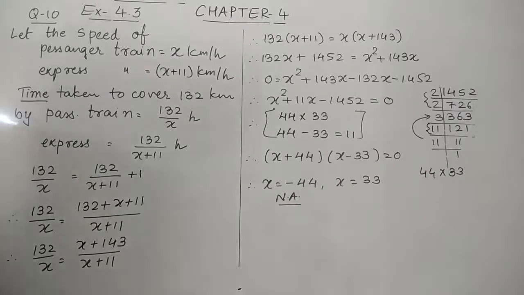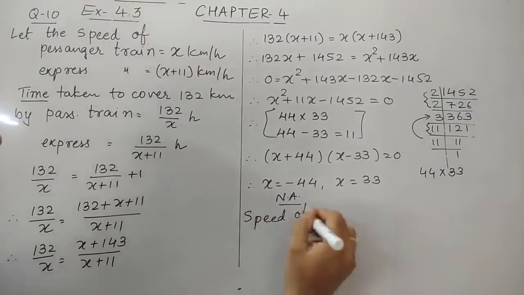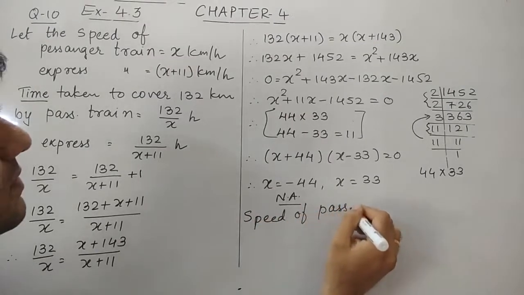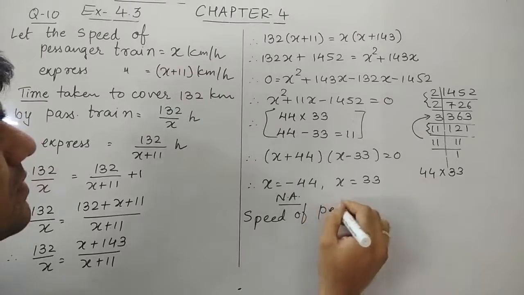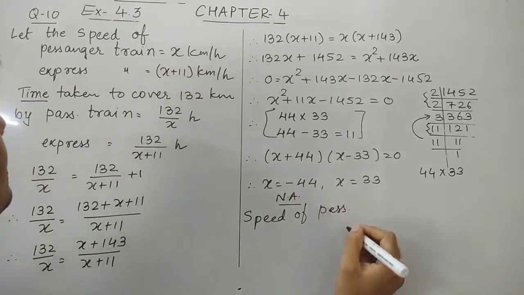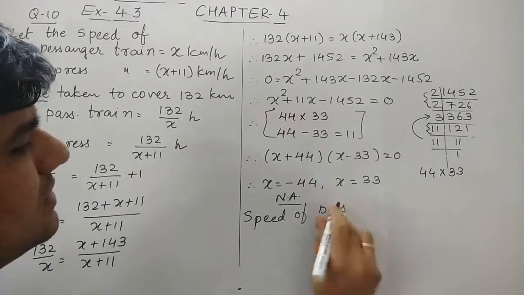So we come to the answer that the speed of the passenger train, that is what we supposed x for, is x equals 33.